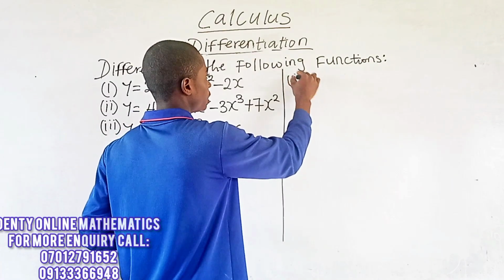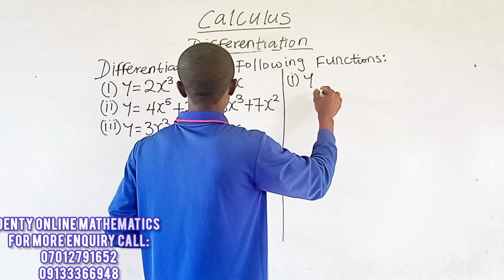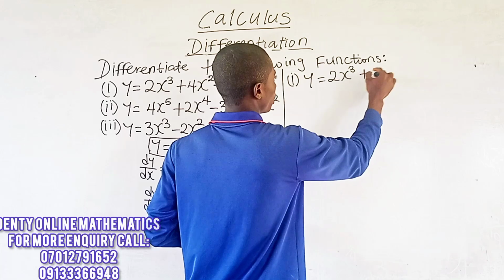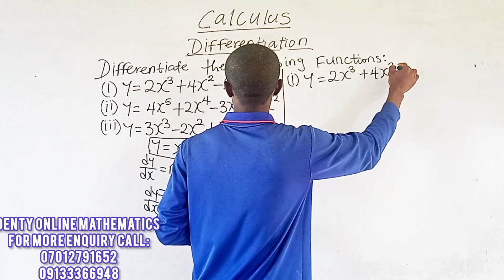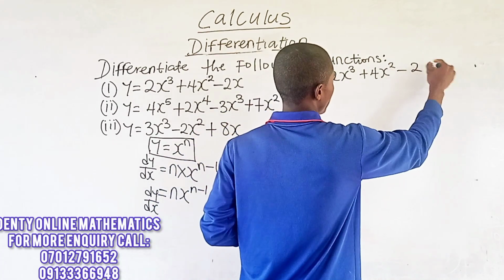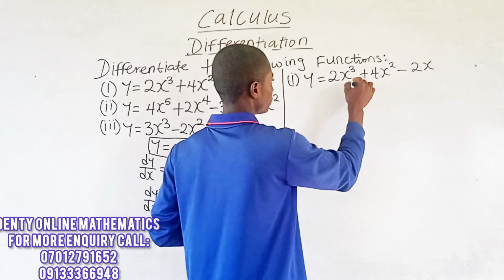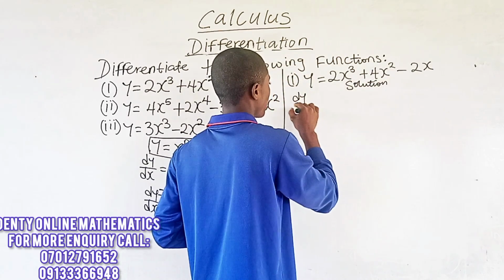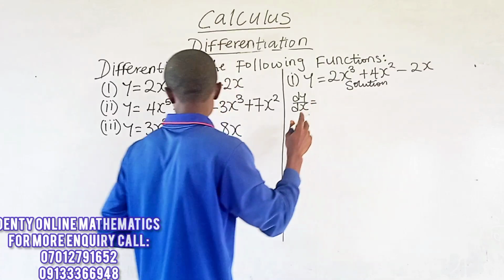On the first one, if you have a function y = 2x³ + 4x² − 2x. As a solution, your dy/dx means, remember, look at what we did.